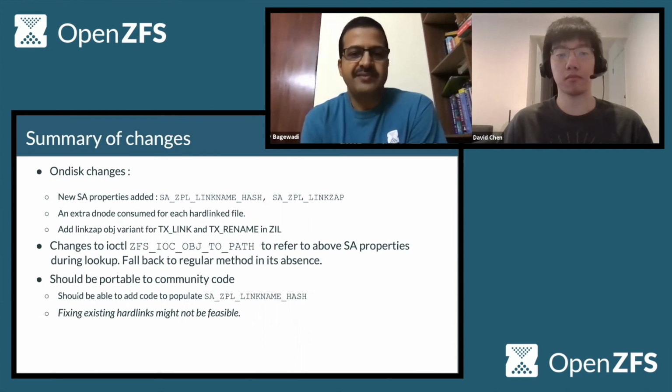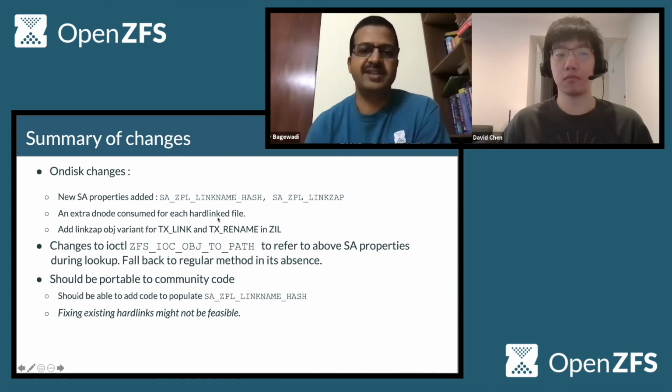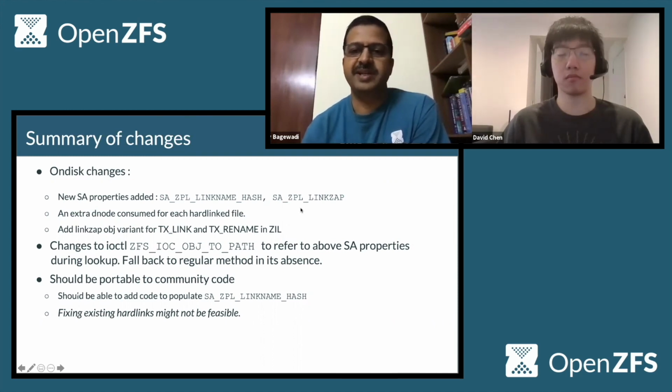What effort does it take for us to move it into the community? So the summary of changes that we have done, there are 2 system attributes that we have added that I think are easily portable to community code. There's an extra dnode that we consume, but this is again only if it's a hard linked file. So that's the additional cost that we pay there.